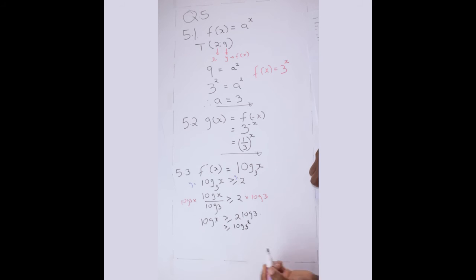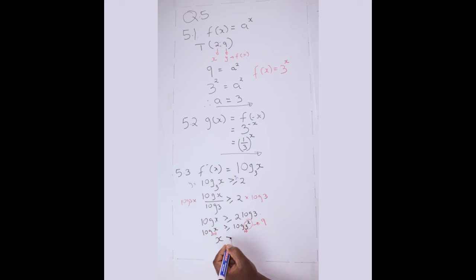Now, if we look at them, we have log x on the left-hand side, which means that the base is 10 because it's a normal log. So if the base there is 10, and on the right side we have log of 3 to the exponent 2, and the base is 10. Bear in mind that 3 to the exponent 2 can be rewritten as 9. So that means that our x therefore will be equals to 9.